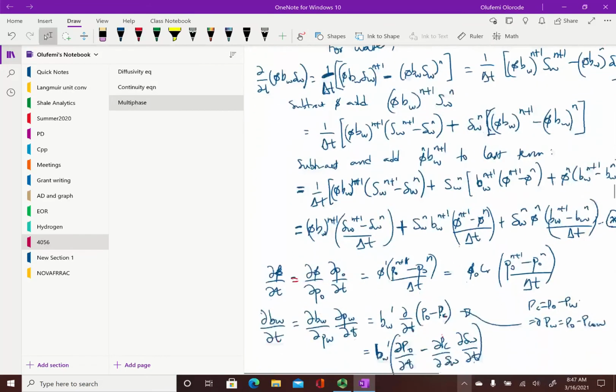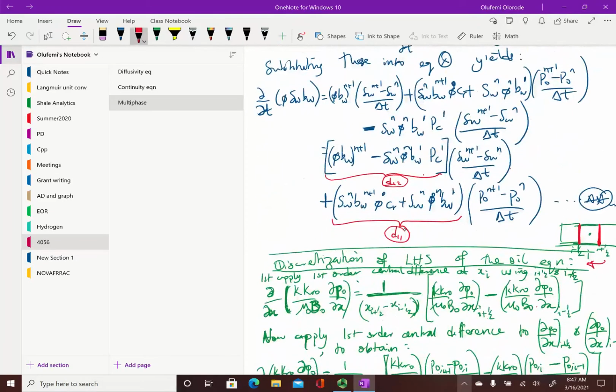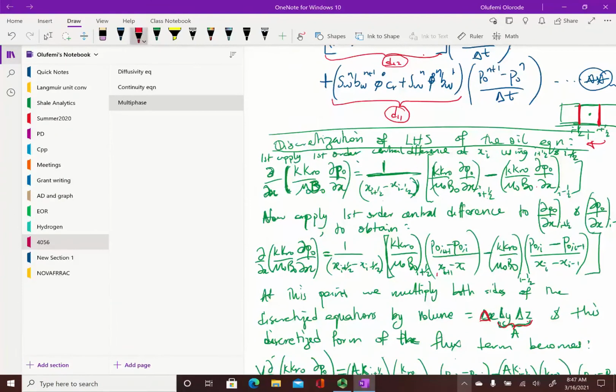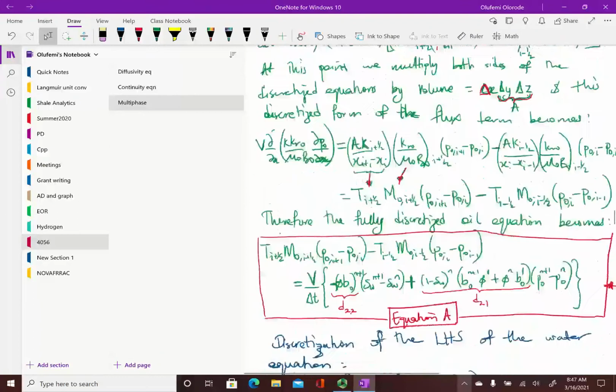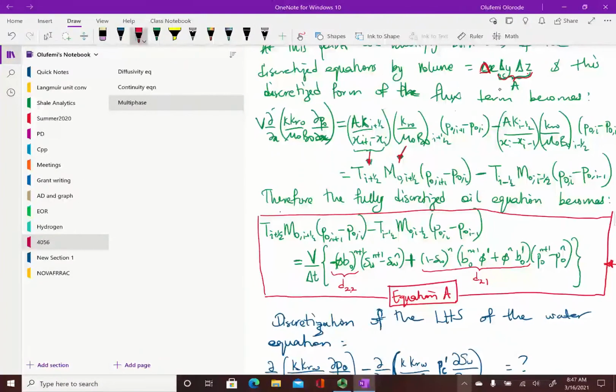So we do the same thing for water. On the right-hand side, we get this discrete form in terms of D11 and D12. We discretize the left-hand side, which I already explained at the beginning of module 4. Multiply both sides by volume as explained in module 4, and that gets us to the final form of the discretized oil equation shown here, which I call equation A.